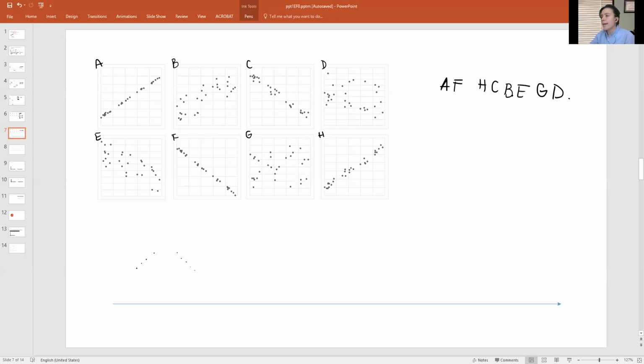Then you have HC, which is pretty strong positive, pretty strong negative. Then you have BE, which are more or less strong positive, more or less strong negative. And finally, you have GD, which is the one where you ask, is it even positive and is it even negative? It's just that for one of the cases it's positive and for one of the cases it's negative.